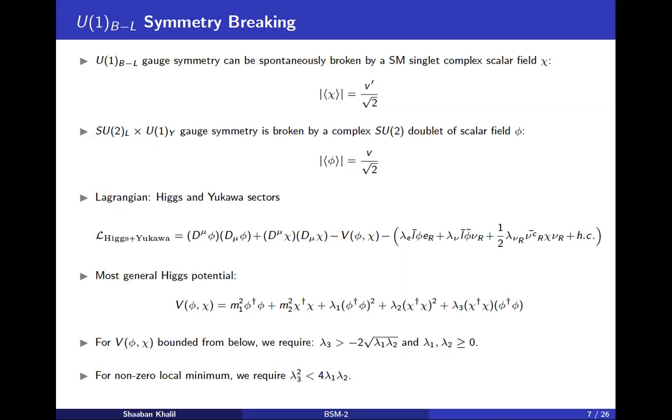In this term, we will have lambda 3 V prime squared times phi squared. This will be summed with M1 squared, right? Again, we need urgently to break B minus L first, so we need to assume M2 squared to be negative. And then we generate the vacuum V prime.